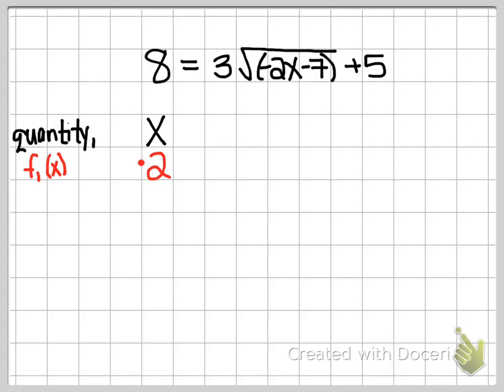After it's being multiplied by 2, the second function, the second operation of the entire equation up there, is that it's being negated. And then that answer is going to be having 7 positives taken away from it.